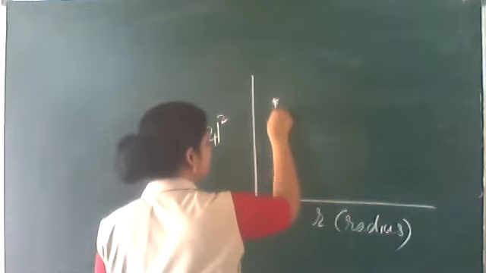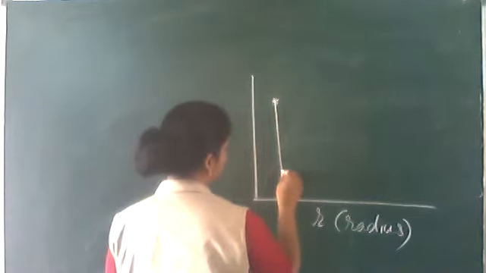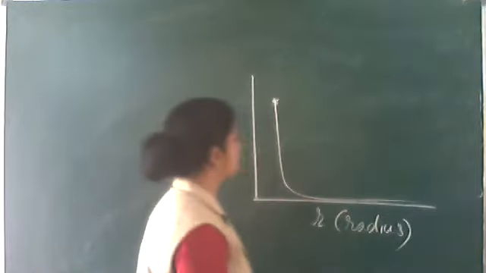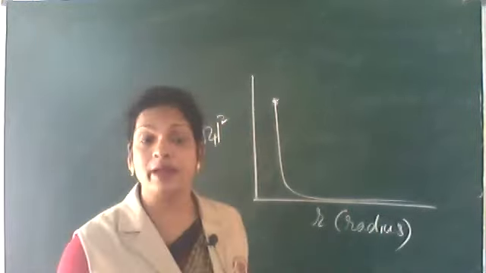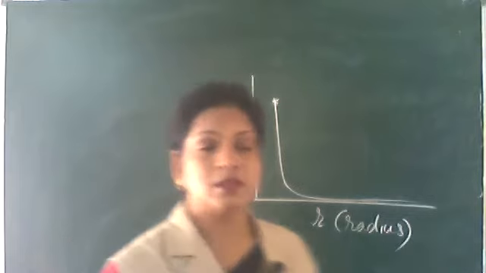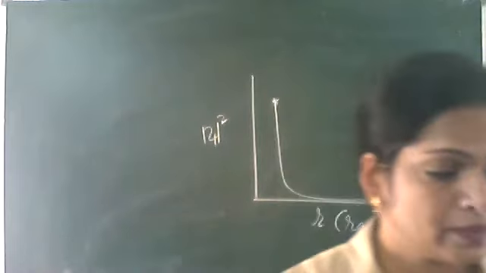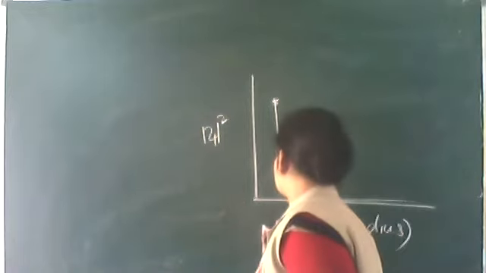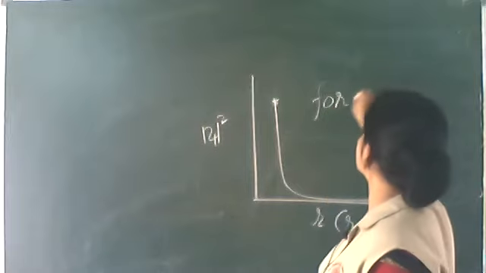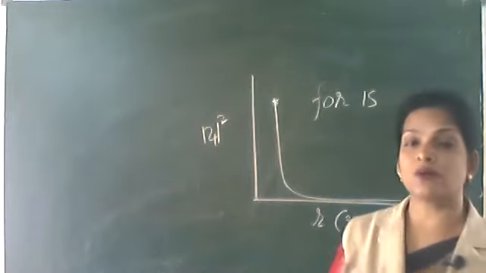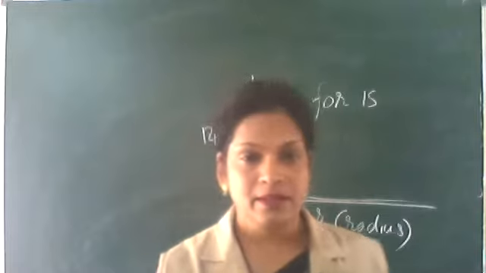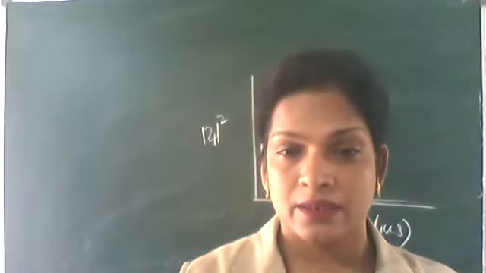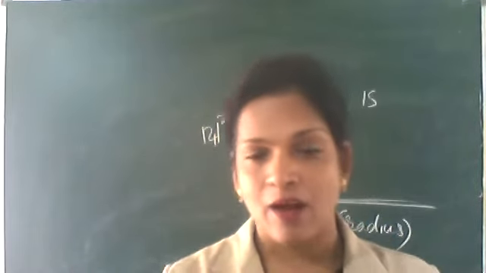In the case of 1s orbital, you are getting only one maxima. So you write down here, for 1s, you get only one maxima, that is at a particular distance from the nucleus.